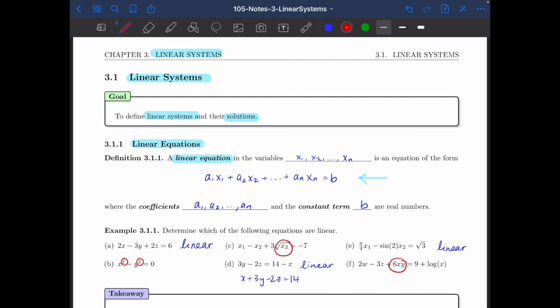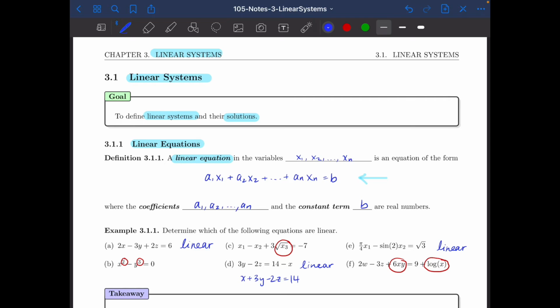Also, the second thing to notice is that we have the term log of x. And so one of the variables is an argument of a nonlinear function, which is impossible for a linear equation. And so in part F, the equation that we have is also not linear.